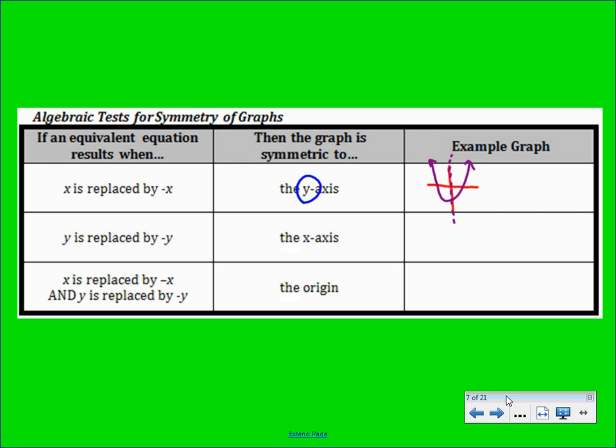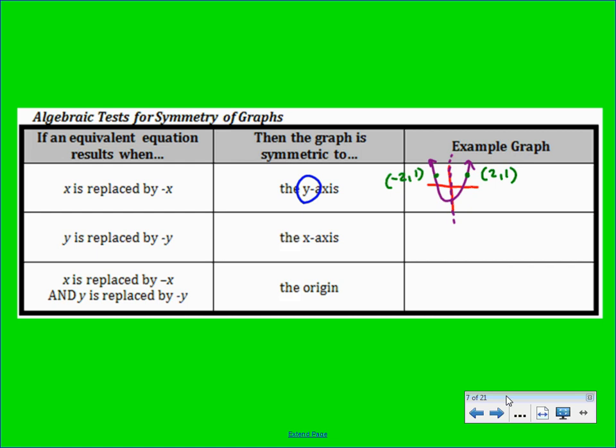Now, what's interesting about the y-axis symmetry is the points. So if we had a point over here, let's say that point is the point (2, 1). Okay? When it's symmetric over the y-axis, that means it's also going to have a mirrored point over here, right? What would that point be? Negative 2, 1. What changed? The x value.